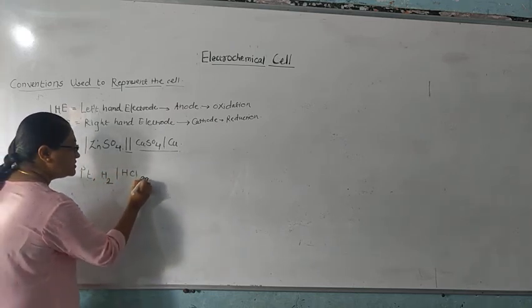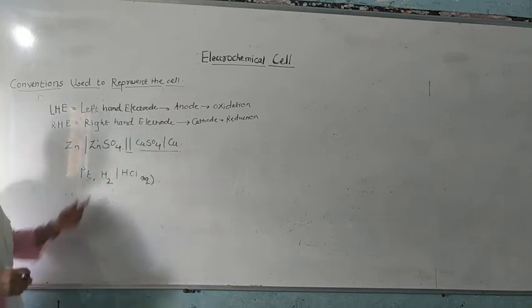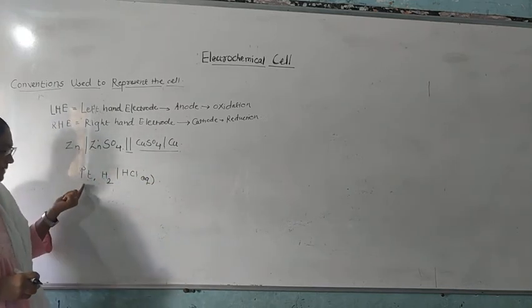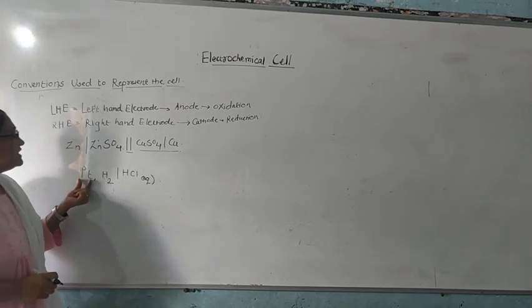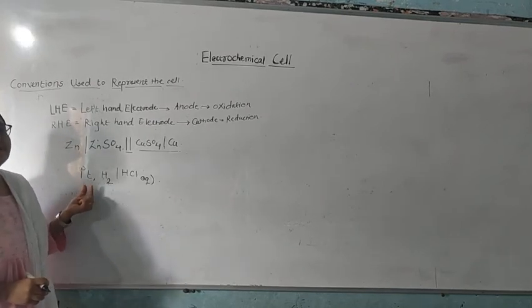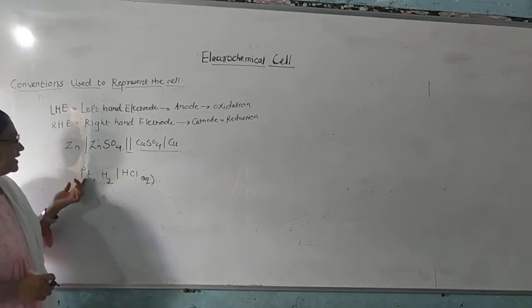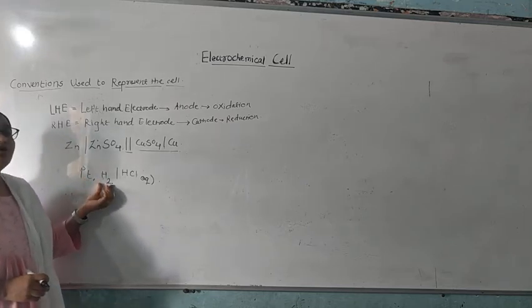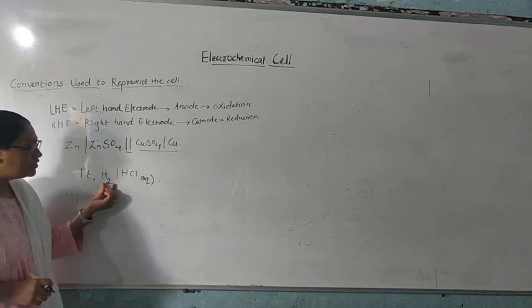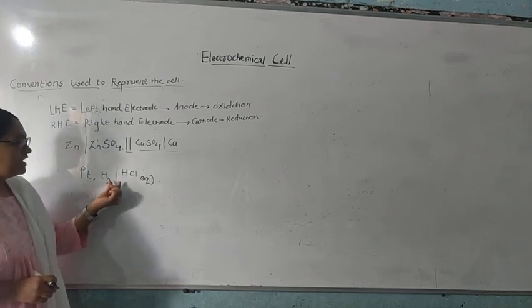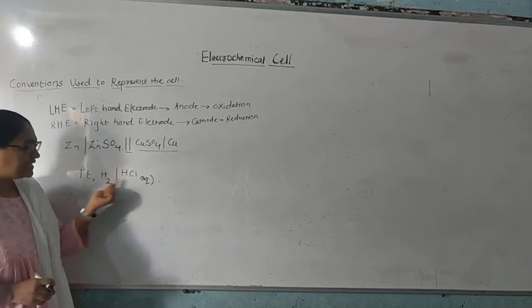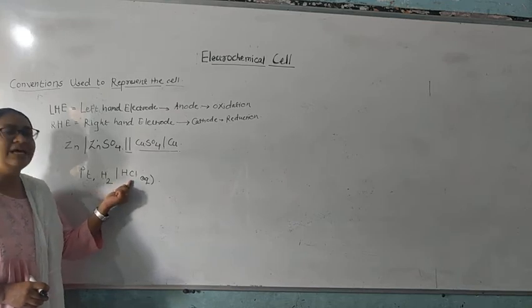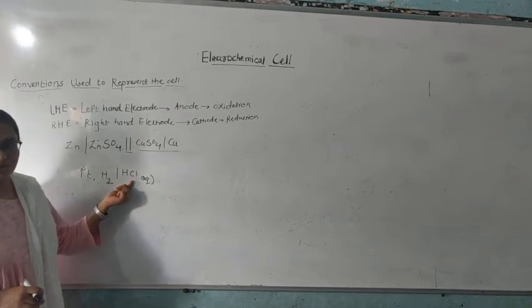What does this show? This shows that hydrogen gas is bubbled on the platinum, which is an inert electrode. This is not the active metal which is actually oxidizing or reducing. Here it is only used to adsorb the hydrogen gas on it. Actually your electrode is a hydrogen electrode which is in direct contact, single line, with the aqueous HCl solution.